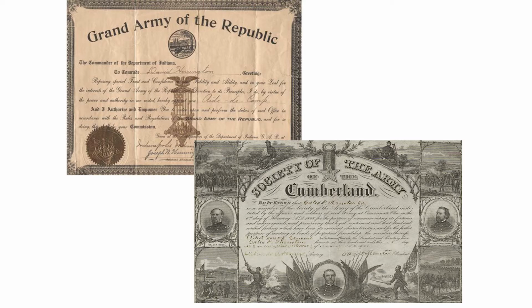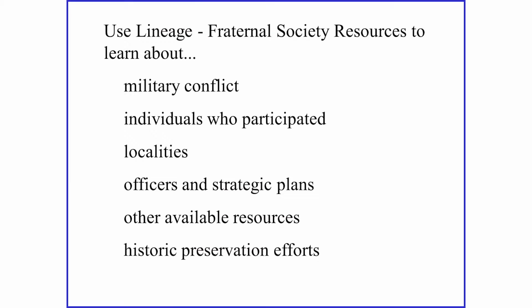In fact, he was the first president. He signed this one. So you might find a Society of the Army of the Republic certificate, or a certificate for the Grand Army. Within those applications and notes, you can learn the military conflicts they participated in and, more importantly, the individuals who participated with them.